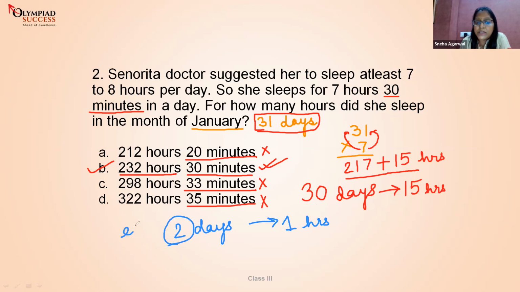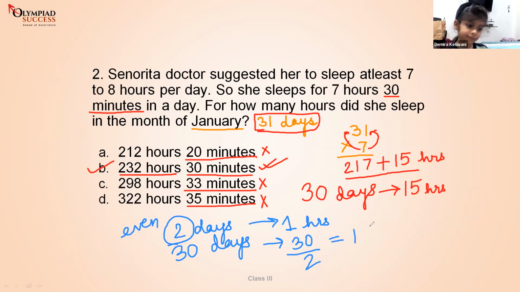So if I just take 30 days instead of 31 in the month of January, for 30 days, what do we have to do? We are just going to divide this by 2. So 30 divided by 2. What will we get? 15. So here we got 15 hours, right?